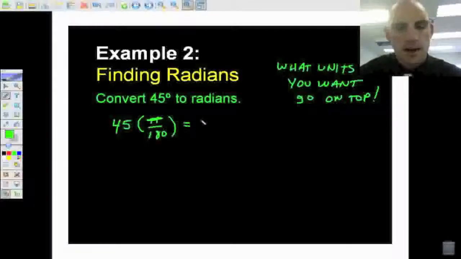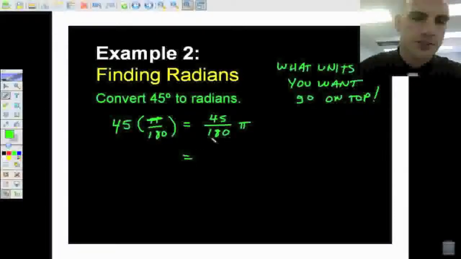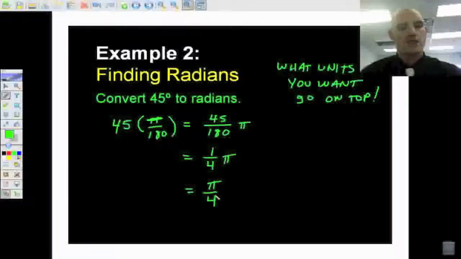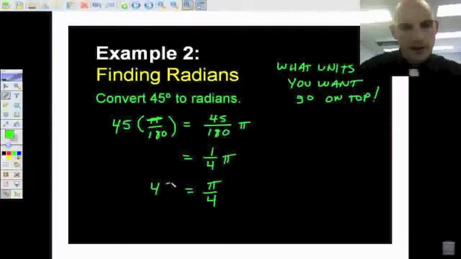When I do this, I'm going to get 45 over 180 times pi. I'm going to reduce my fraction. I know that 45 is going to go into 180 one fourth of our way there. So I'm going to have 1 over 4 pi, and that's going to be pi over 4. So 45 degrees equals pi over 4 radians, because I multiply by my conversion factor.